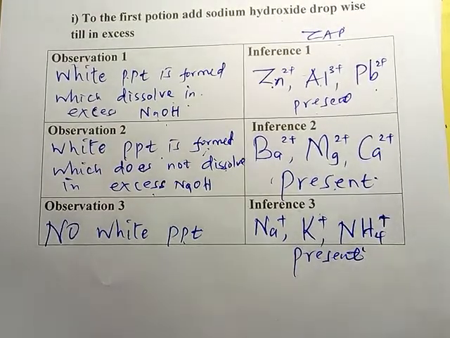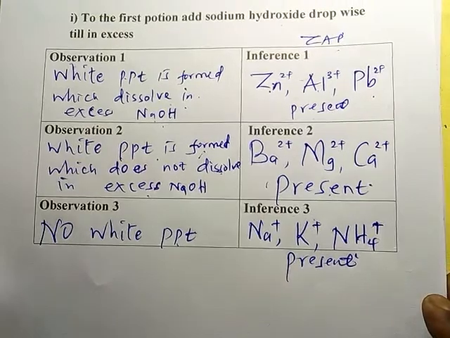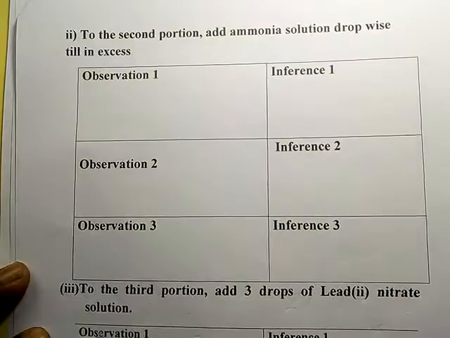Is there a reason for you to fail? Because sodium hydroxide is something which will always be there. Ammonia solution. So we have finished with sodium hydroxide. You have all the marks with you. Fail at your own will.